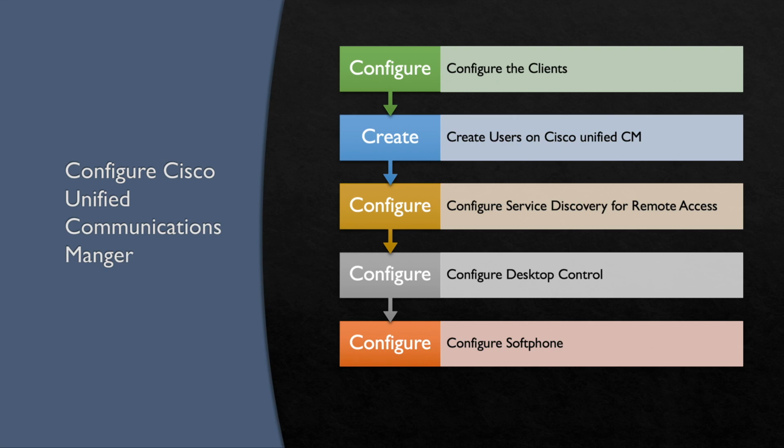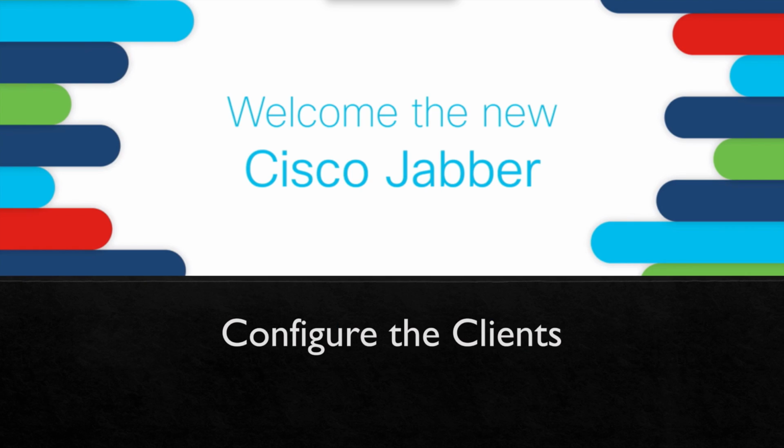So let's walk through each of these, starting with configuring the clients. In most environments, Cisco Jabber for Windows and Cisco Jabber for Mac do not require any configuration in order to connect to services. You want to set client configuration parameters only if you require custom content such as automatic updates, problem reporting, or policies and options.